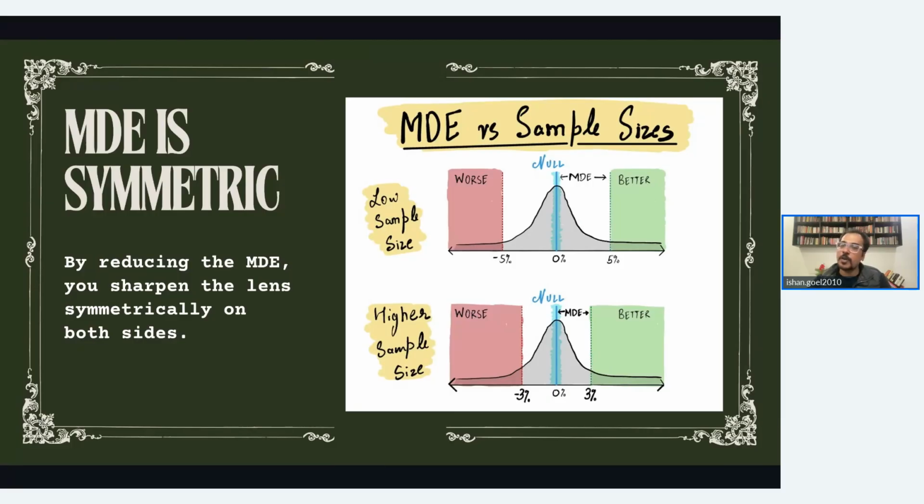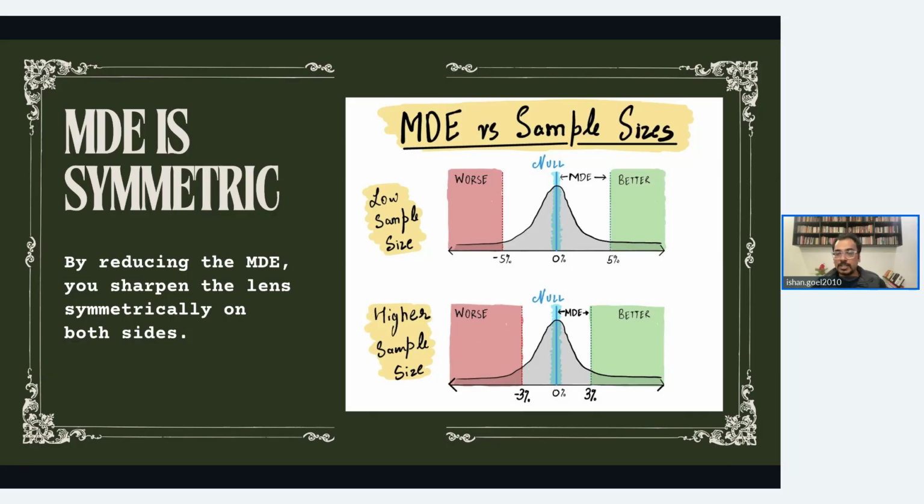So now moving forward with the story of how MDE and sample sizes are related, I've drawn a diagram for that essentially. This gray distribution is the distribution of your true uplifts, what your true uplifts look like. And MDE is what uplift you'll be able to detect. What is the smallest amount of uplift that you'll be able to detect?